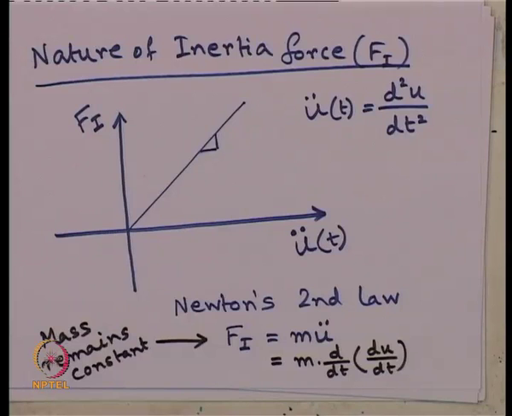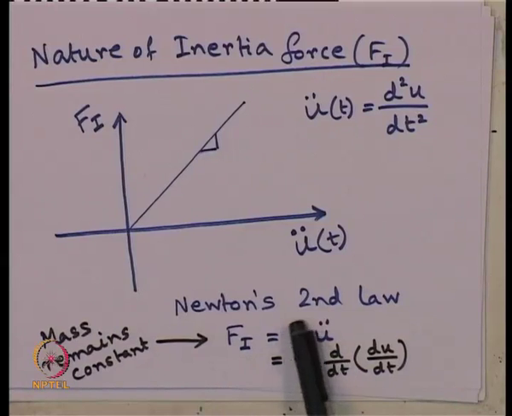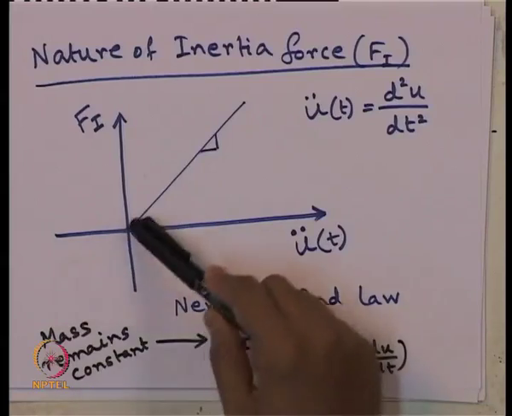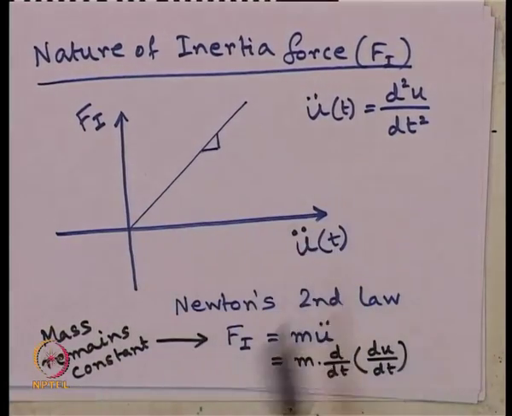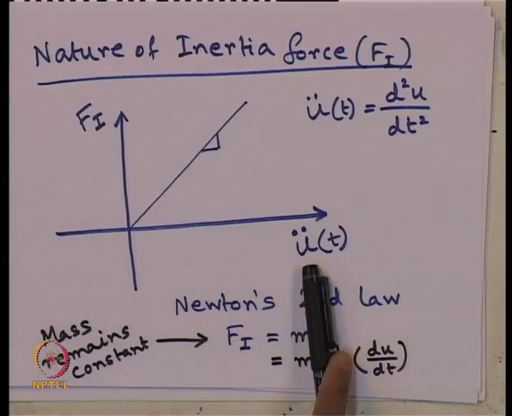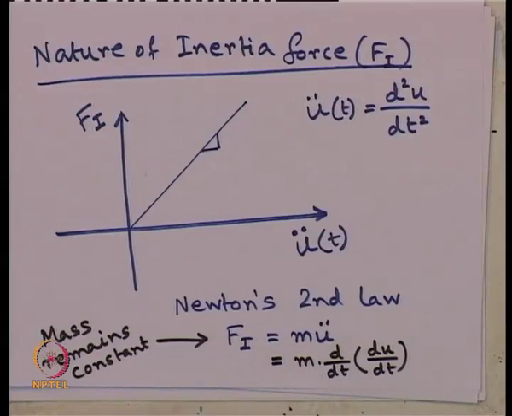Suppose in any dynamic system the mass does not remain constant. In that case, it is not this relation of F I with respect to the acceleration, but something different. It can be some curvilinear, some nonlinear variation of F of I with respect to u double dot, and need not be the simple relation.